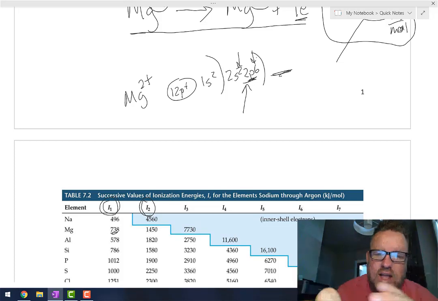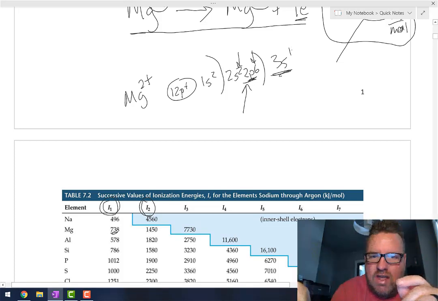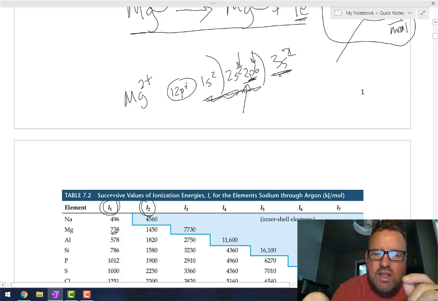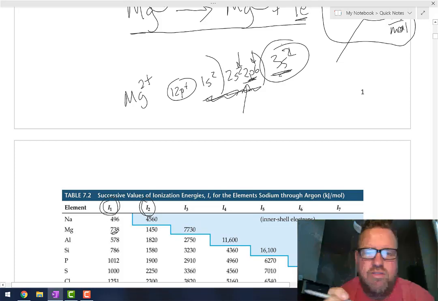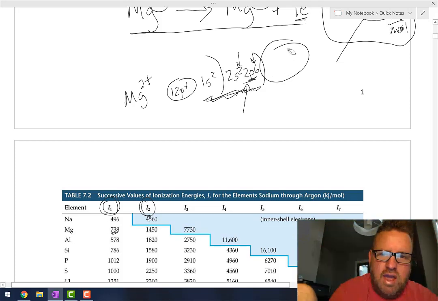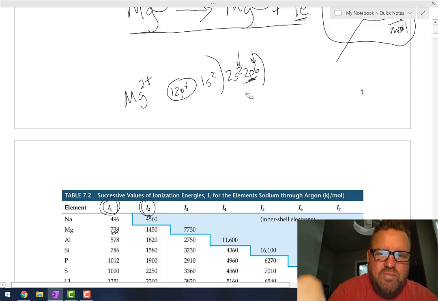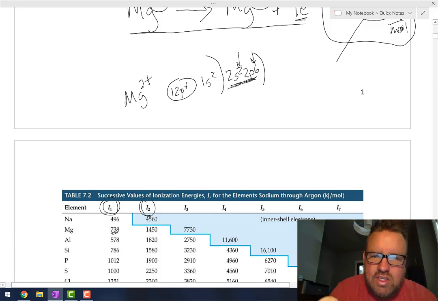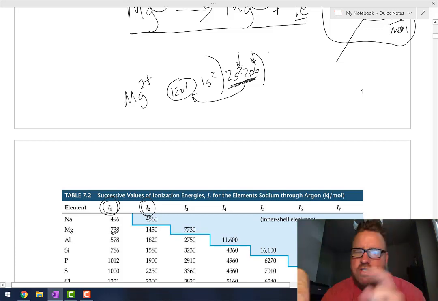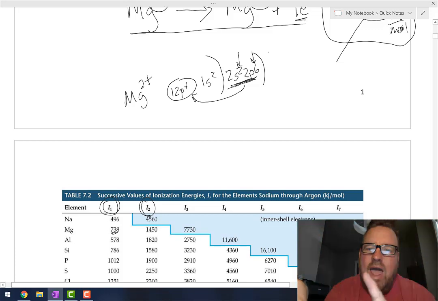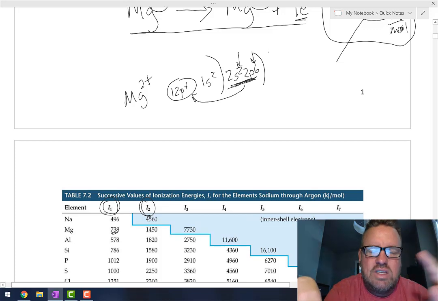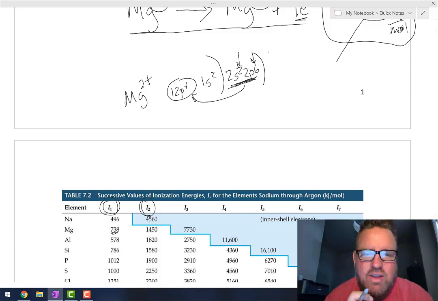Right now out here, these 3s electrons, 3s1 and 3s2, were basically blocking the attractive force of the nucleus. Well, now those electrons aren't there anymore. So these second shell electrons are much, much closer to the nucleus because they're in the second shell, not the third shell. And there's less electrons blocking that attractive force.